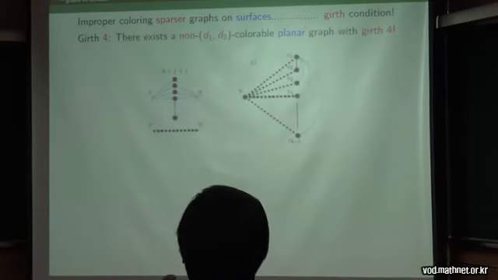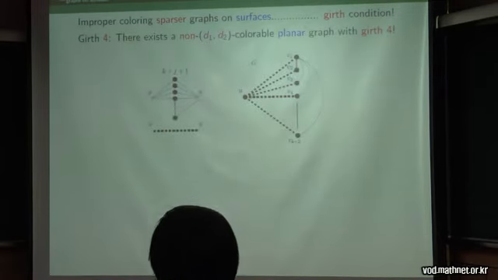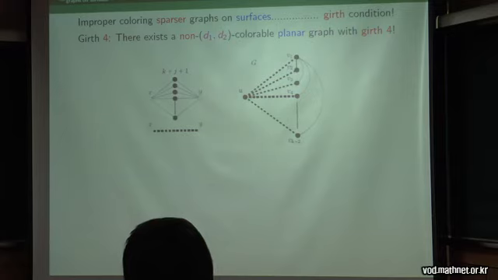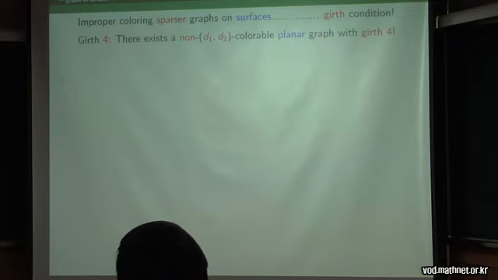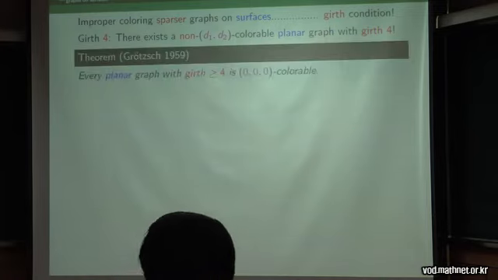So we know you have this construction, what I just said. We can enforce this to not have triangles. So there exists some D1, D2 non-colorable planar graph with girth 4. So you can't have some result where you partition into 2 parts. But maybe you can partition into 3 parts.